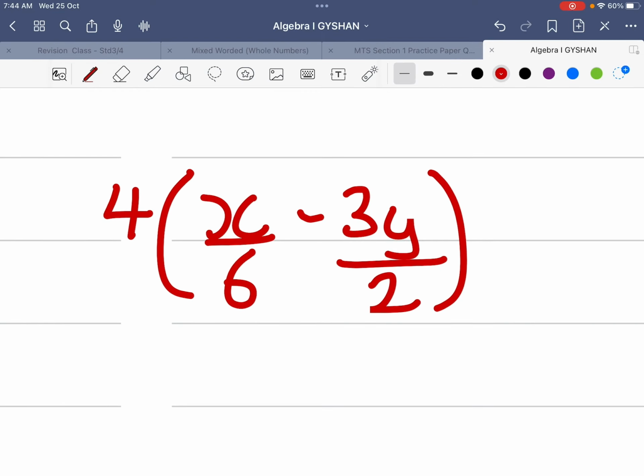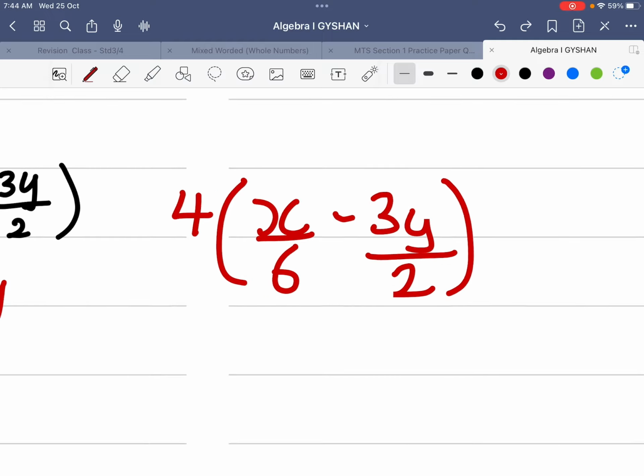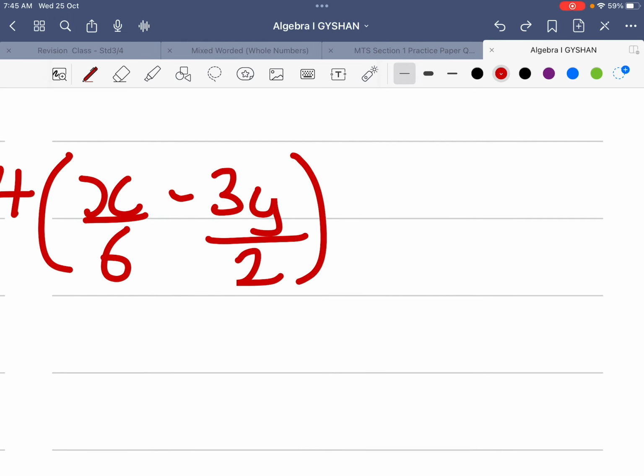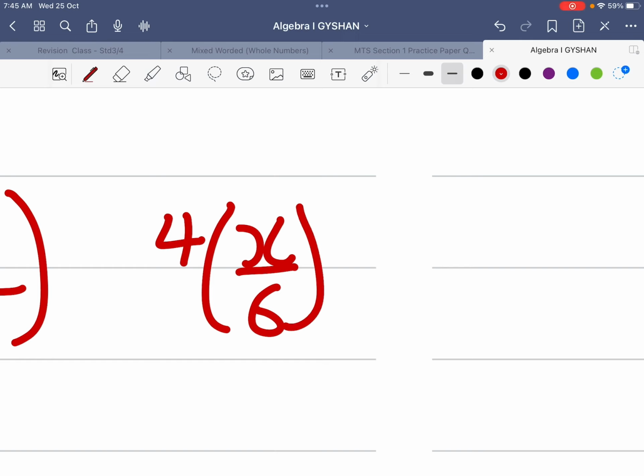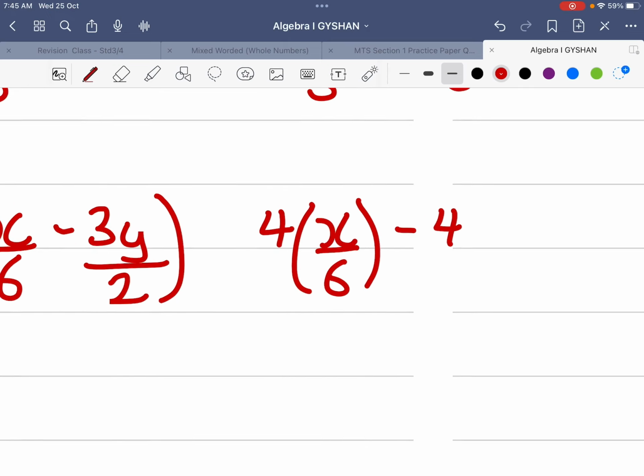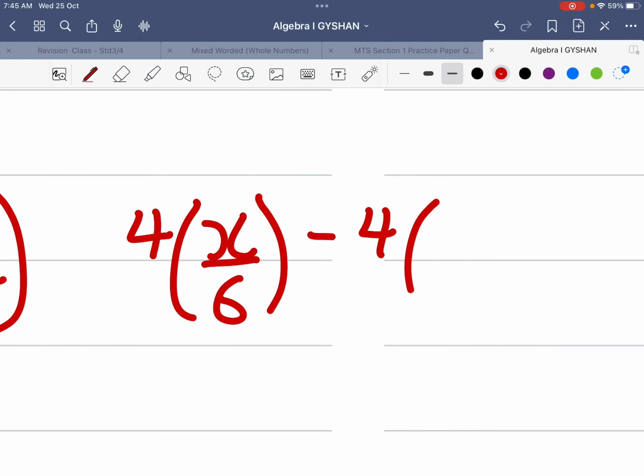So we can say 2 into 4. Well, let's not do it like that. Let's do it in 2 parts. 4 by x over 6, minus 4 by minus 3y over 2.